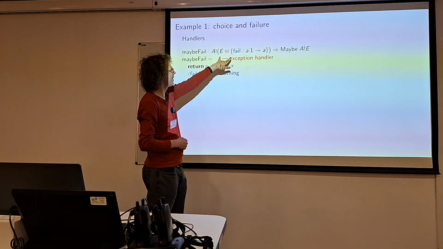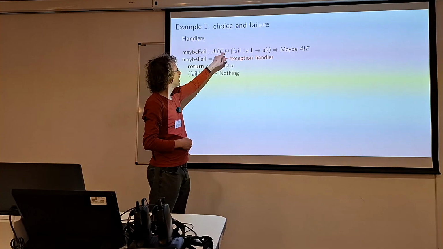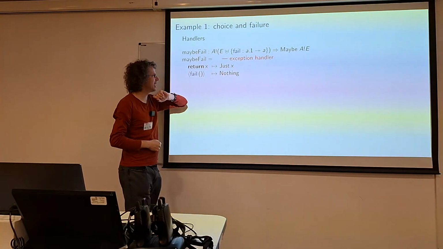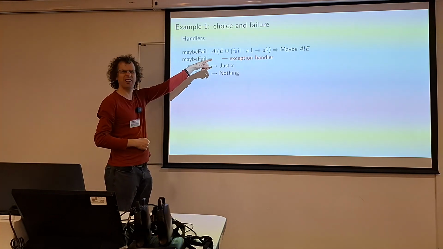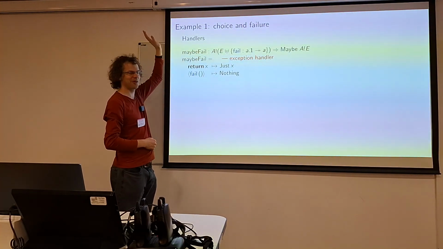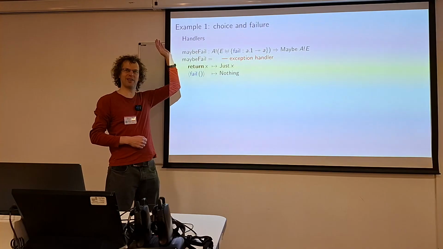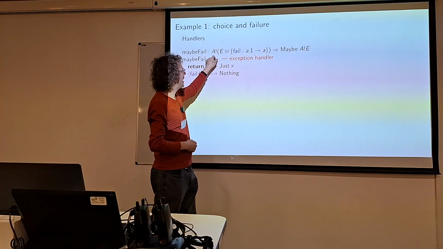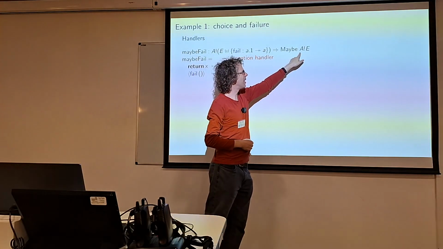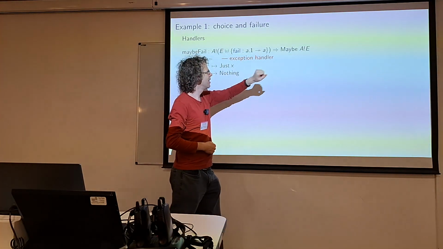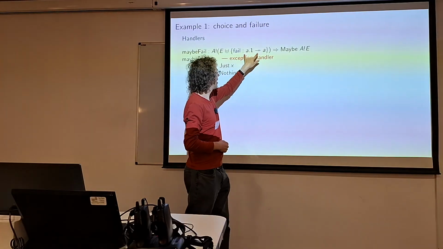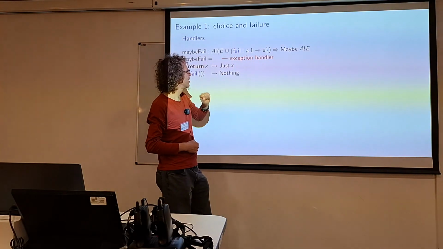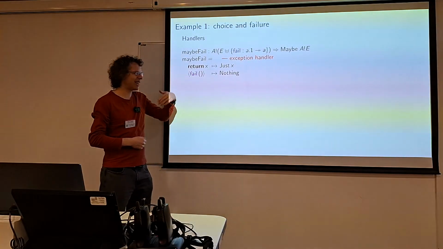So this particular handler is handling fail, and we've written the E here again to say there could be other effects here, and what happens to those? They're just going to bubble up through this handler to be handled by some other handler. And we're going to handle an A computation by returning a Maybe A. And the effects after we've handled fail are going to be just the remaining ones, because we've handled all of the fails.